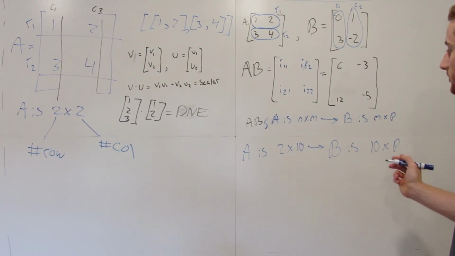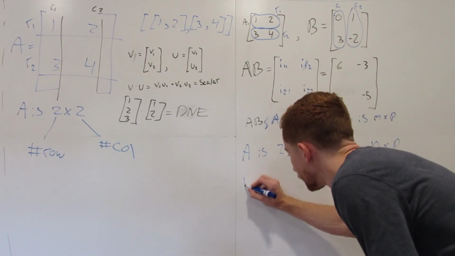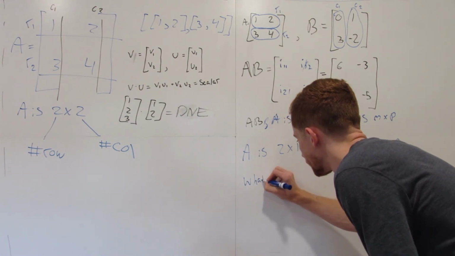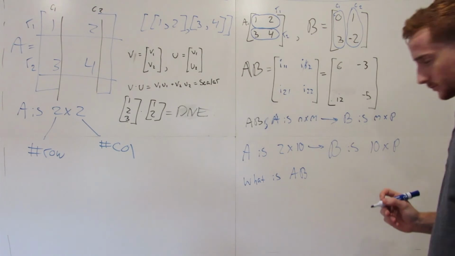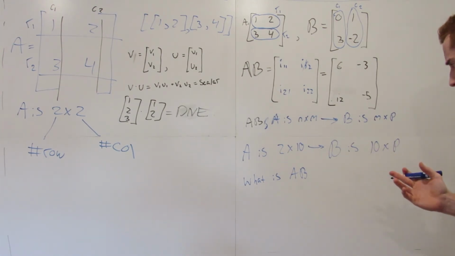But then the question becomes, so what is AB? So what are the dimensions of AB?